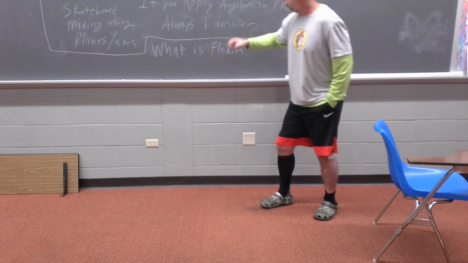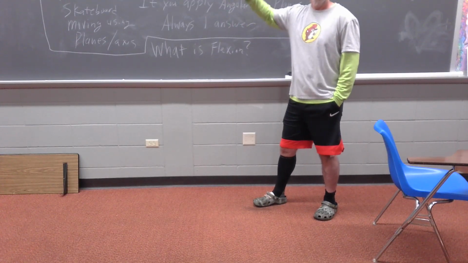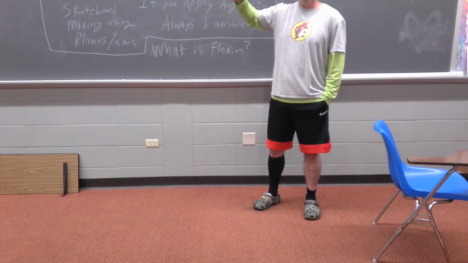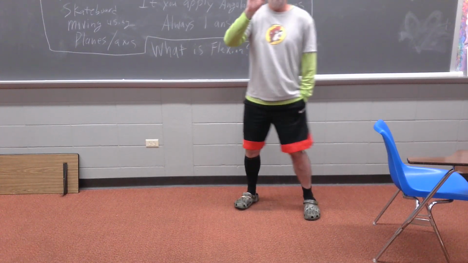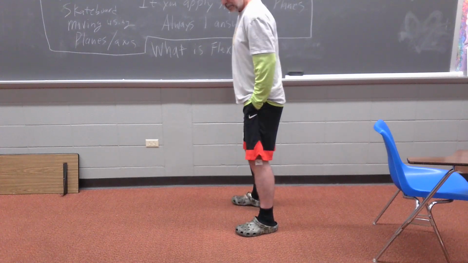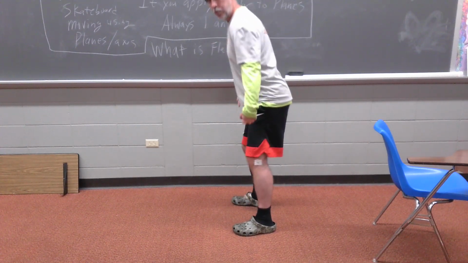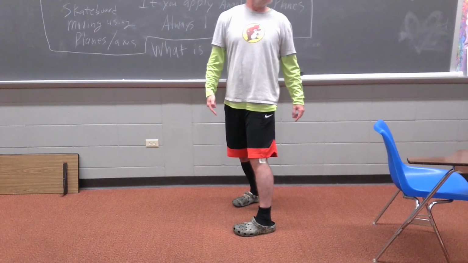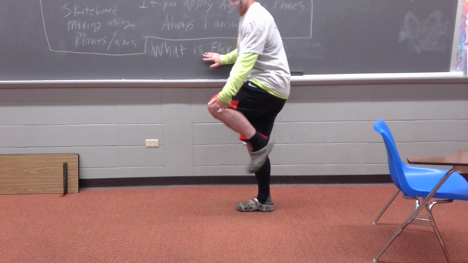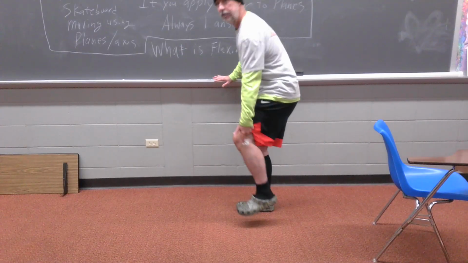If it's going up and down, you might say, oh, well, that's frontal. But I might say, well, why wouldn't that be sagittal? But what I can't say is my knee is rotating about its bilateral axis. That's how the wheel is spinning. Does that make sense?